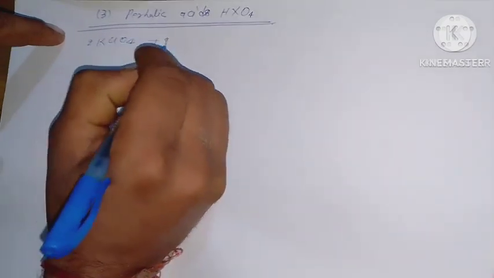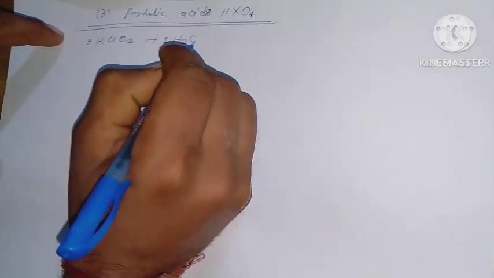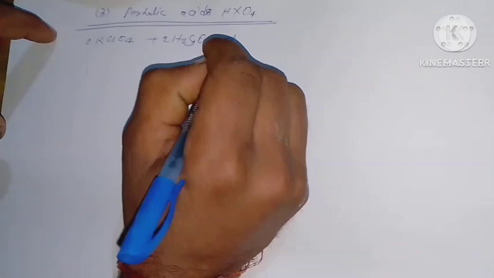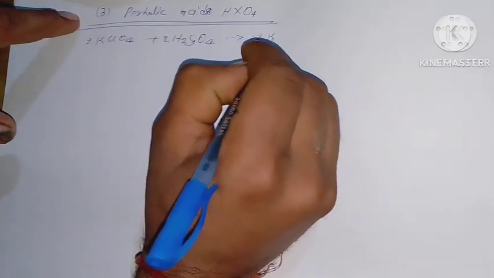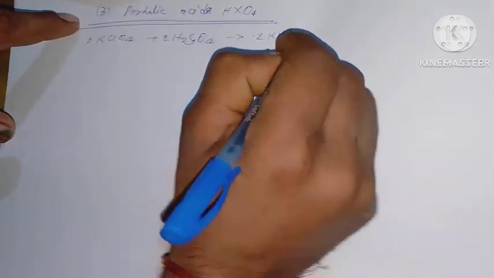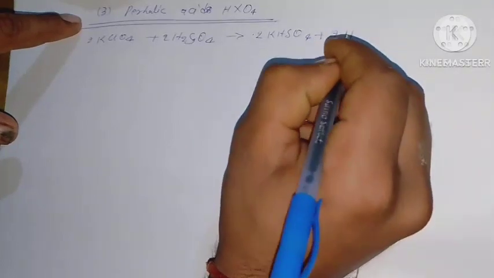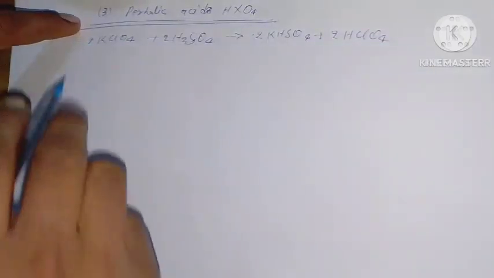2KClO4 plus 2H2SO4, that makes 2KHSO4 plus 2HClO4. Okay.